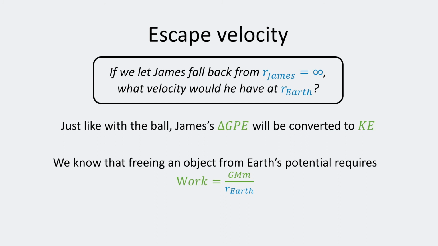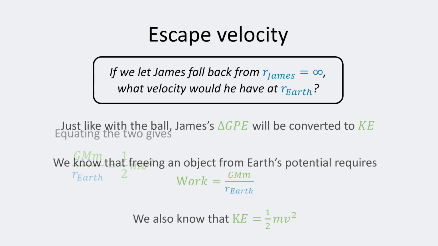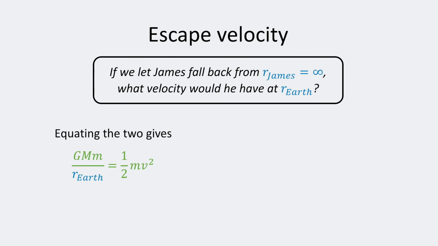And we know that the work needed to free an object from Earth's potential is given by GMm over the radius of Earth. We also know that kinetic energy is given by the formula 1/2 mv². So we now have everything that we need to calculate the velocity. If we equate gravitational potential energy with kinetic energy, we have GMm over r Earth equals 1/2 mv squared.